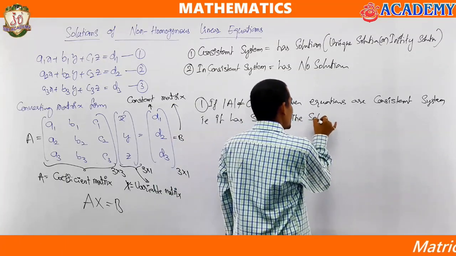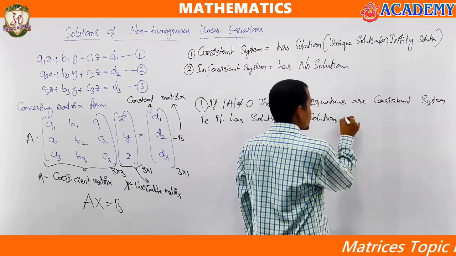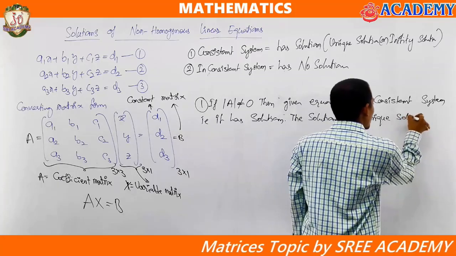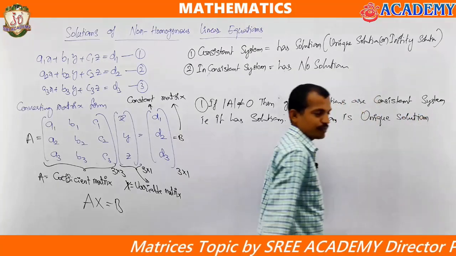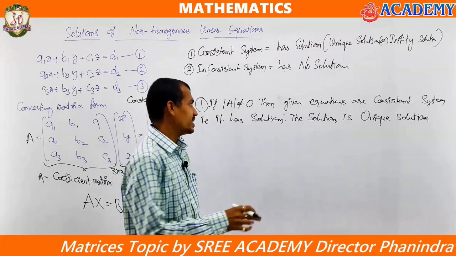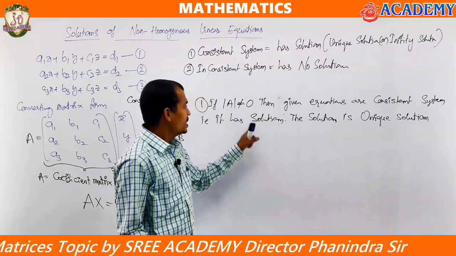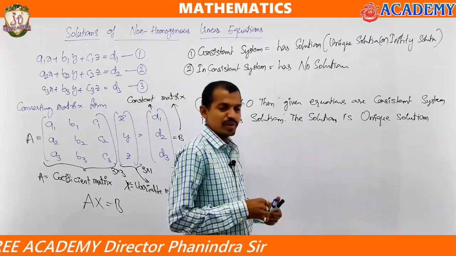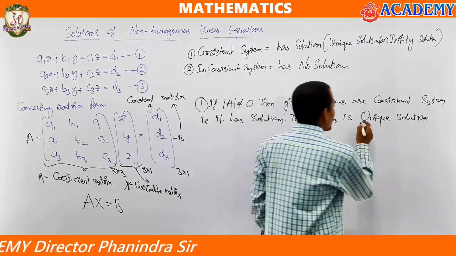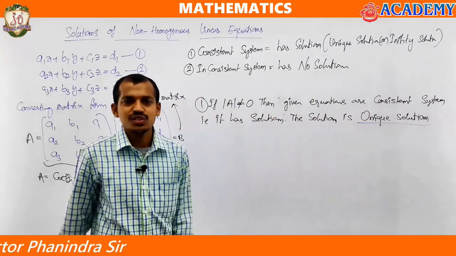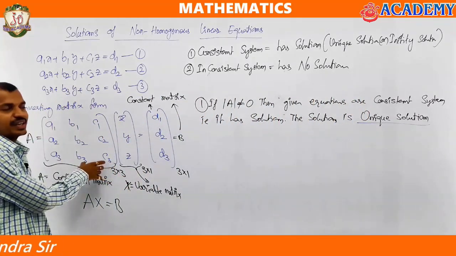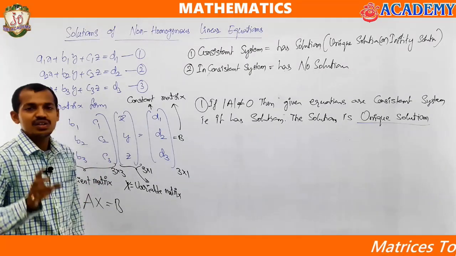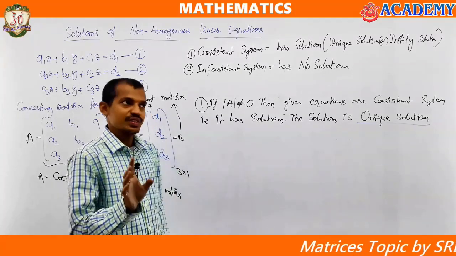The solution is a unique solution, only one solution. If the determinant is not equal to 0, then the system is a consistent system, and it's having a solution. That solution always is going to be a unique solution.